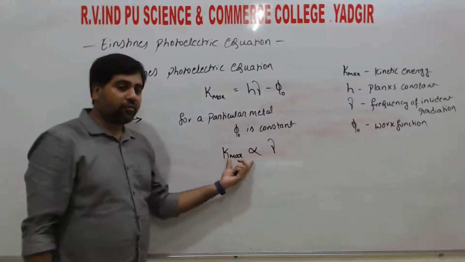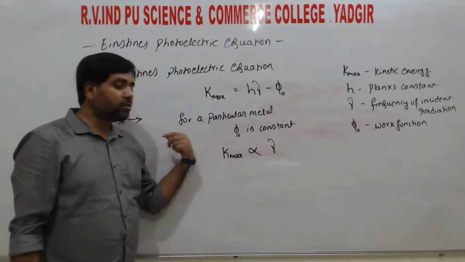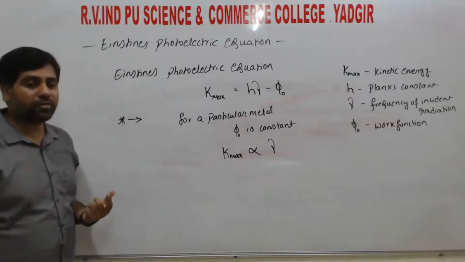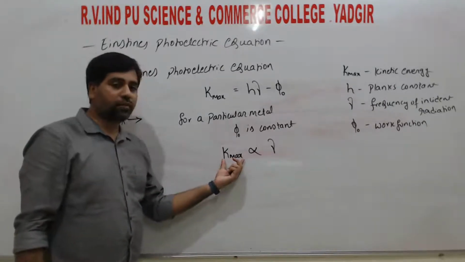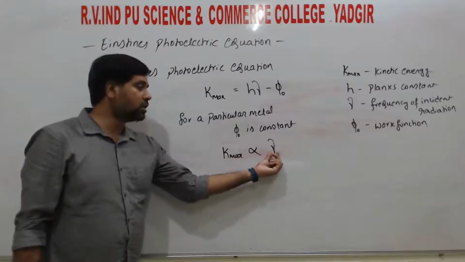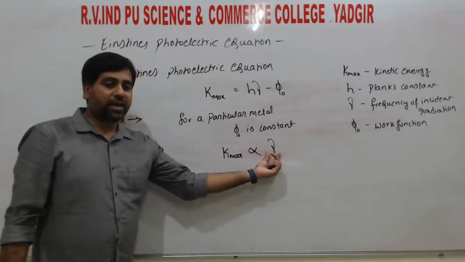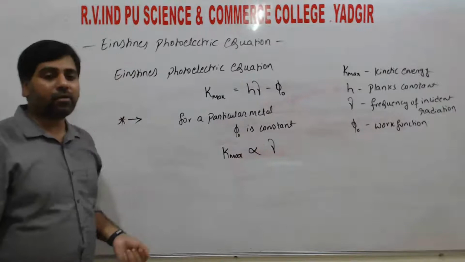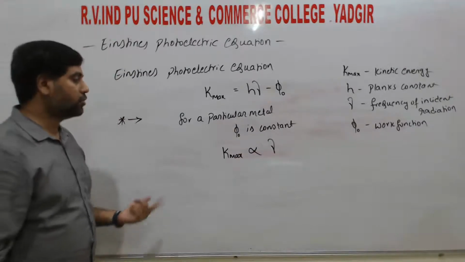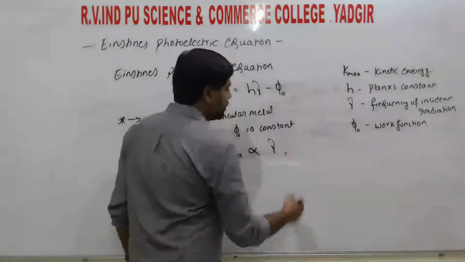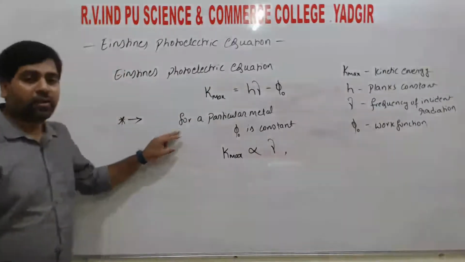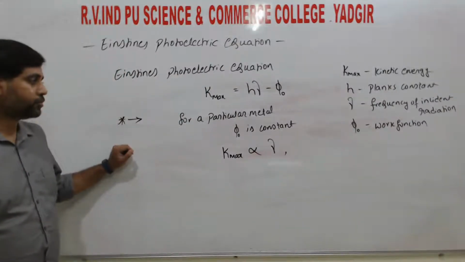As we observed and explained in the experimental observation, the energy of the electrons directly depends on the frequency of the incident radiation, and it is independent of the intensity. So this one is the first point, right?